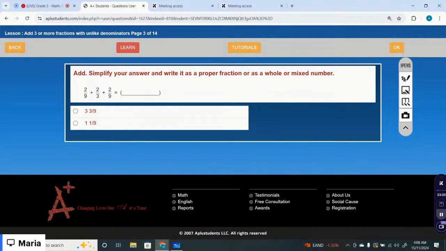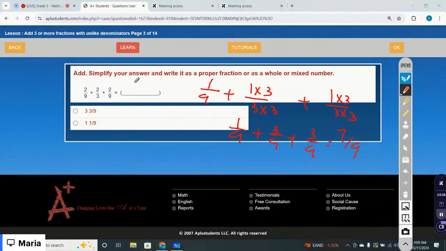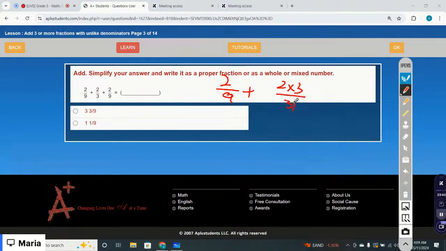So which is the correct option? That is 2 by 9. So 3 times 3 makes 9. Let's multiply this fraction by 3. So that is 2 over 9 plus 6 over 9 plus 2 over 9. Let's add their numerators. That makes 10 over 9.